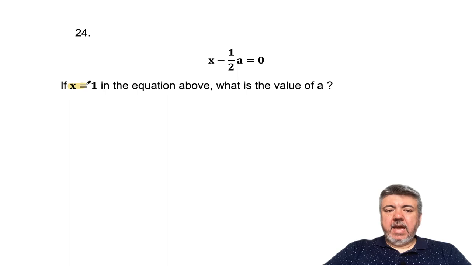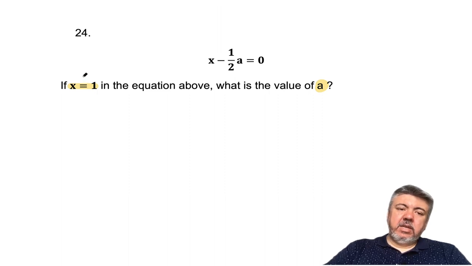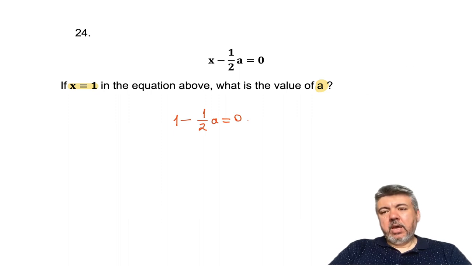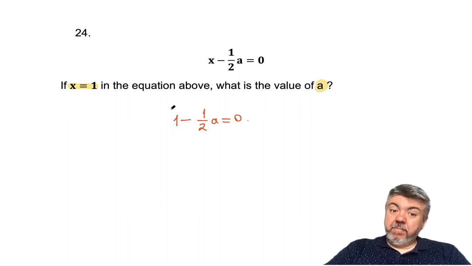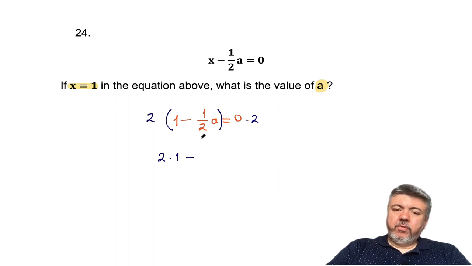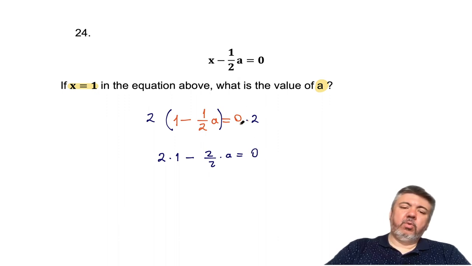It says if x equals 1, what is a? That means inject x equals 1 into the equation like this: 1 minus 1 over 2a equals 0. In questions like this, I prefer to multiply by 2 on both sides. On the left, it's going to be 2 times 1 minus 2 over 2 times a, equals, on the right, 0 as always.